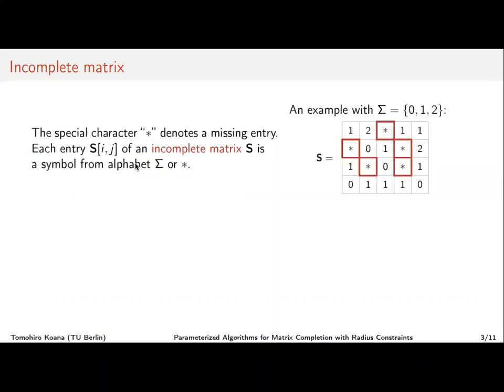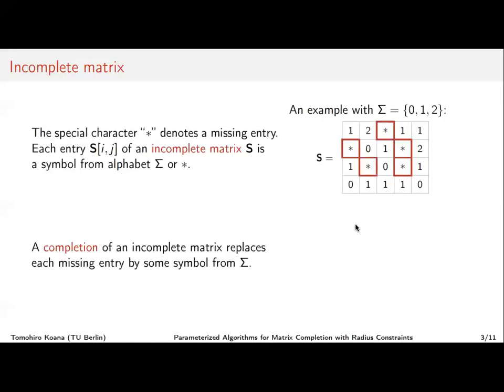So for instance, in this matrix on the right, you can see that this matrix has alphabet 0, 1, 2, and four rows and 5 columns. I marked the missing entries by red thick lines. And then we want to complete this matrix.